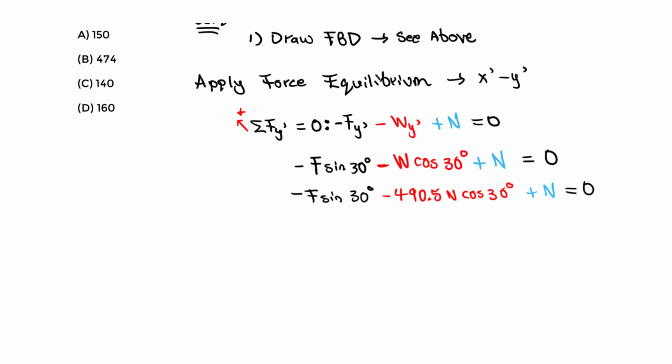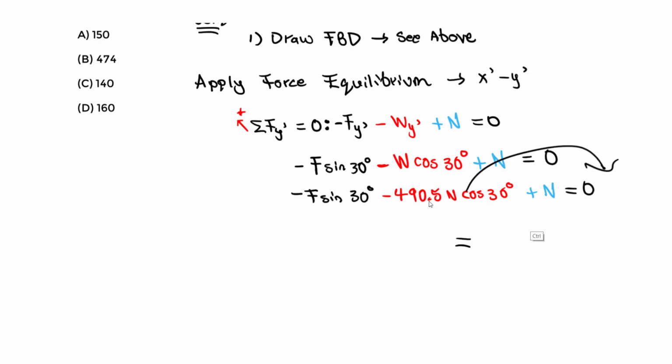And one last step I want to do is move this value to the right side, and you'll see why we do that to solve a system of equations at the end. So I'm going to take this value and move it to the right side.